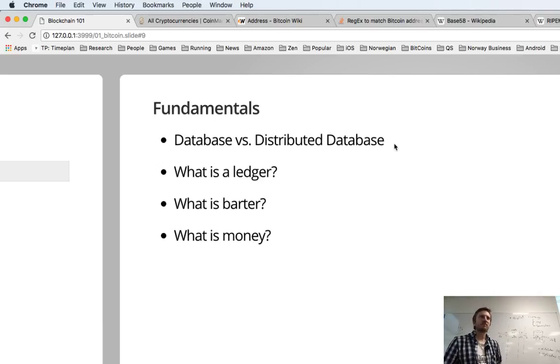What's the problem with that? Value of the goods differ. Yeah, so one problem is that the value is sort of different. So let's say barter.